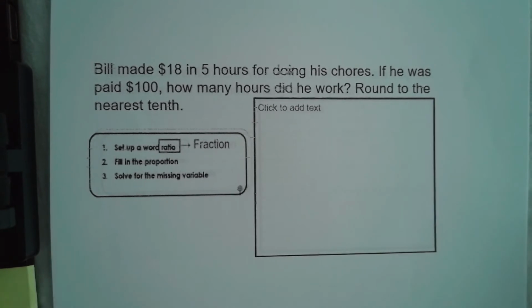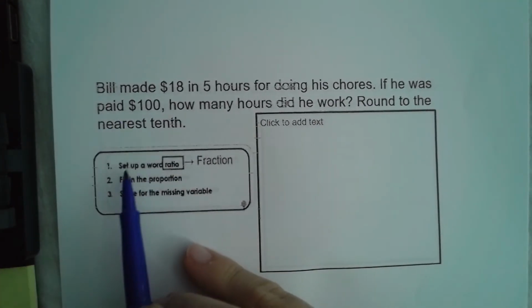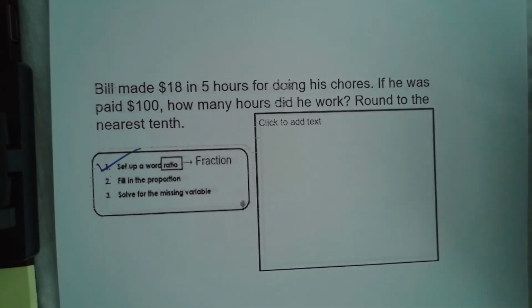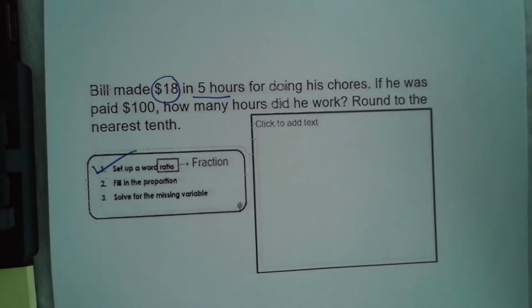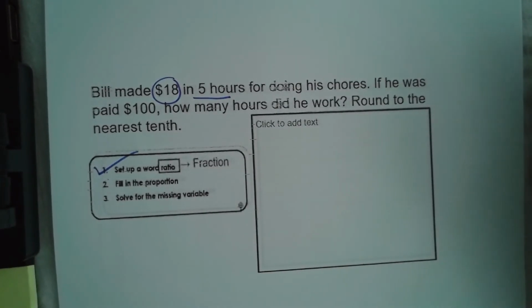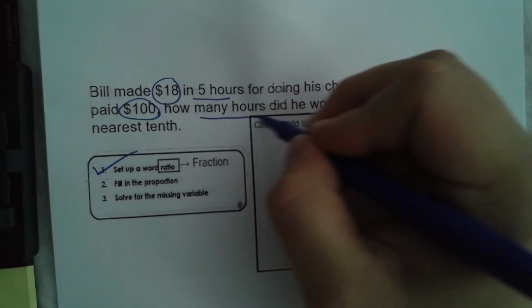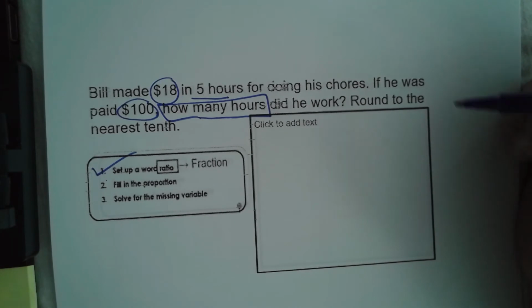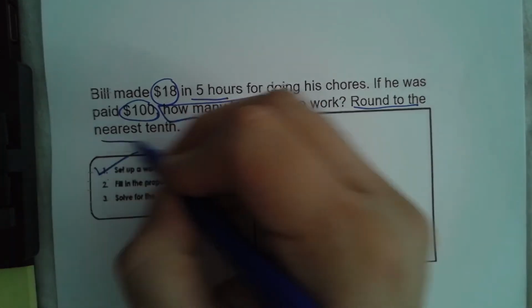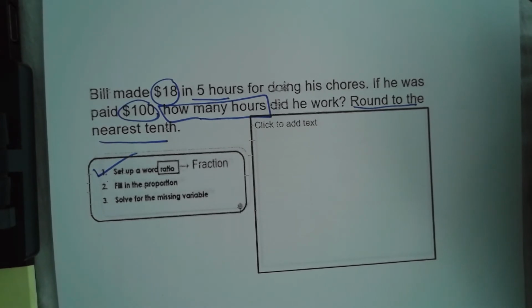Alright, let's keep going. We're doing the same thing. Step 1, set up a word ratio. Bill made $18 in 5 hours doing his chores. If he was paid $100, how many hours did he work? Round to the nearest tenth. That just means find the closest number, with one decimal place.